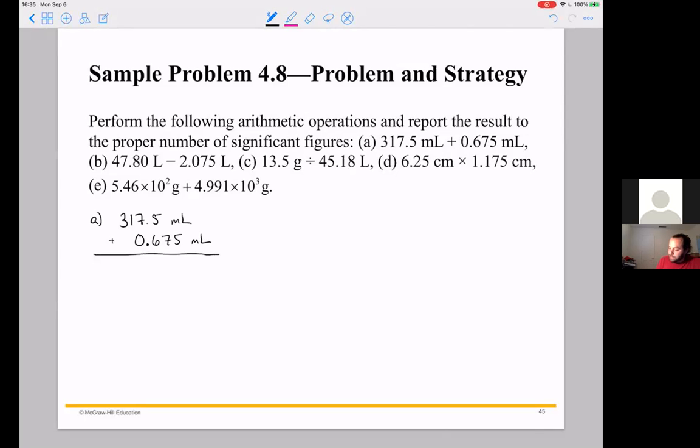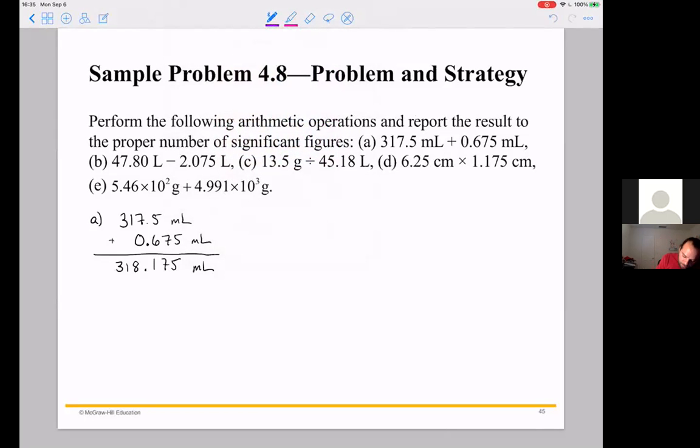So if I punch this into my calculator, I would get 318.175. I know my answer is going to be milliliters because it's addition and subtraction, so my units just carry.